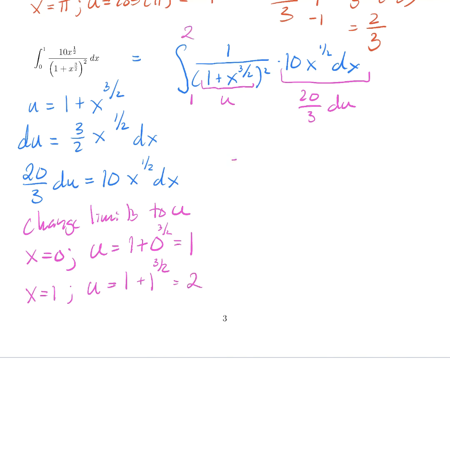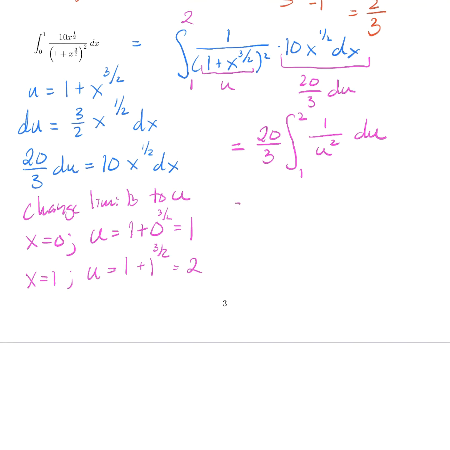All right, perfect. We can simplify this thing, make it look a little bit neater, and just finish in terms of the variable u since we changed our limits of integration. So 20/3 again is a constant, just like in all the examples above. So it's being multiplied so it can come out in front of the integral. And it looks like the integral from 1 to 2 of 1 over u squared du.